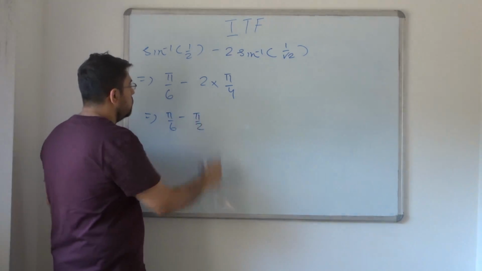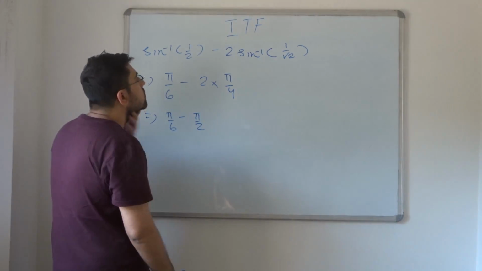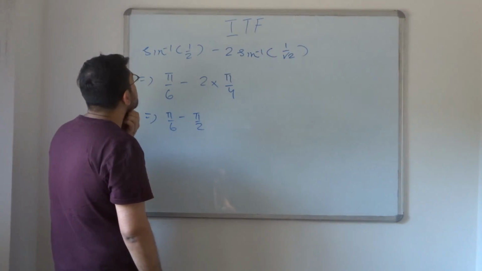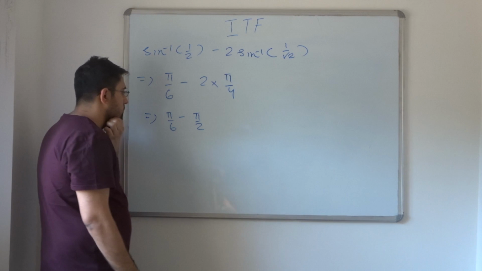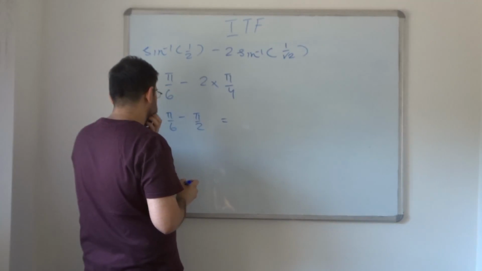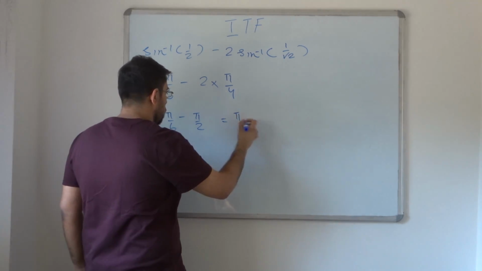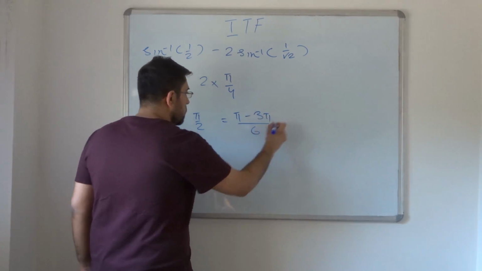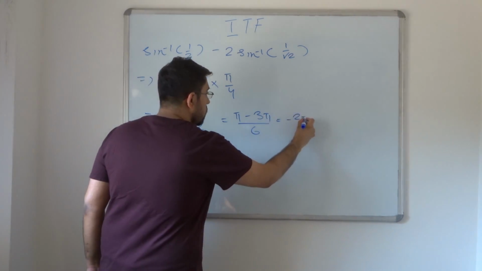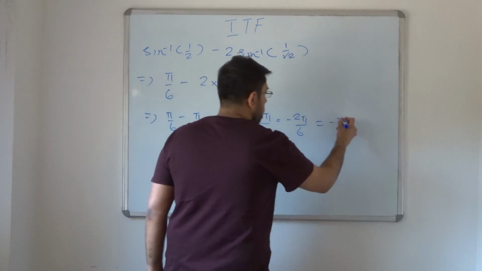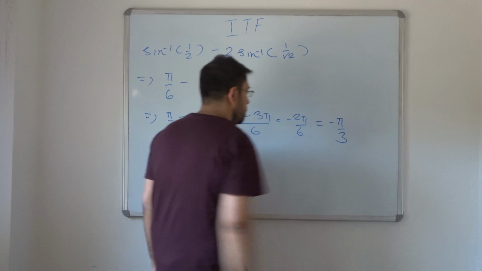So pi by 2. Sine pi by 2. Okay, so then what do you get, guys? So basically you get pi minus 3 pi upon 6. So you get negative 2 pi upon 6. Negative pi upon 3.